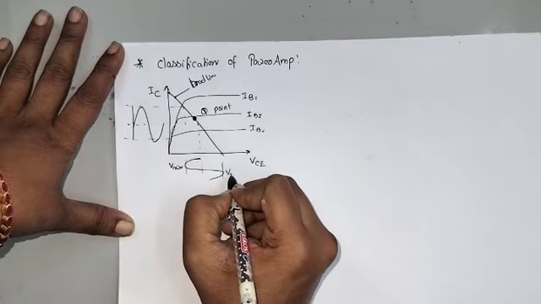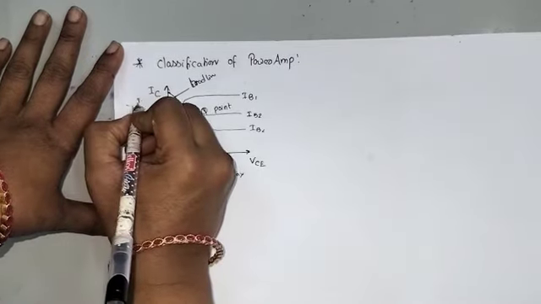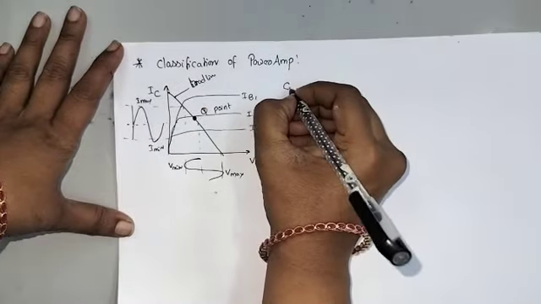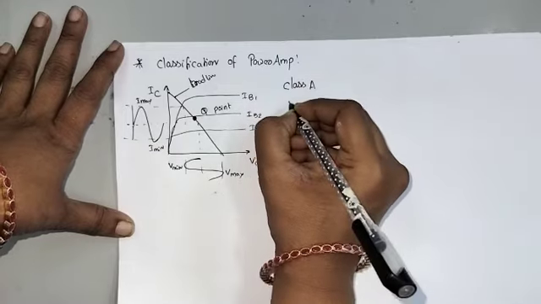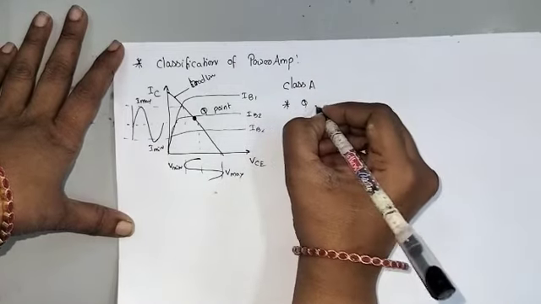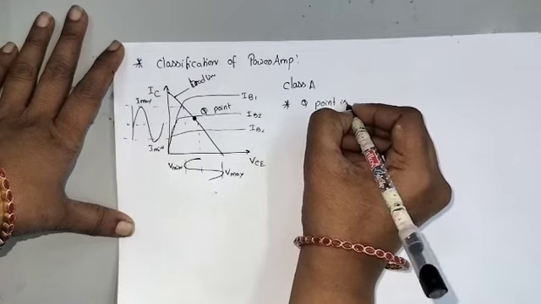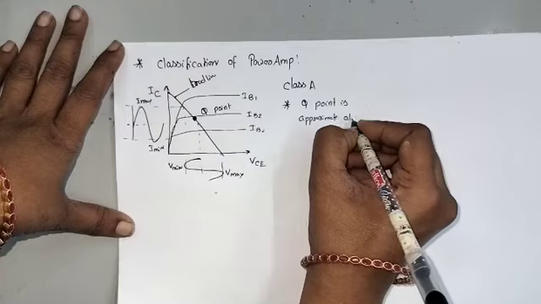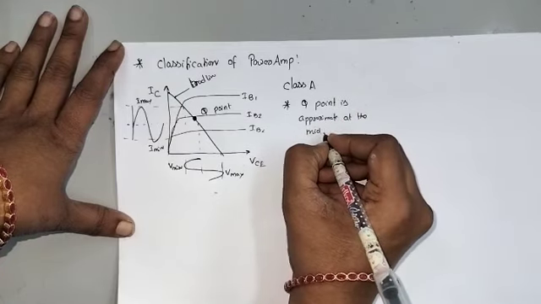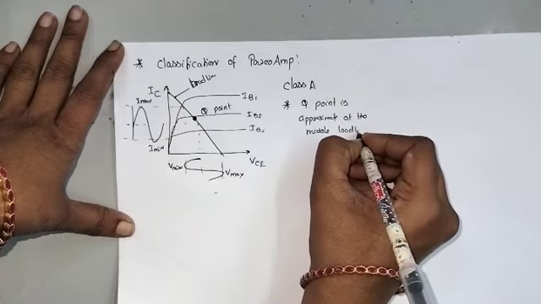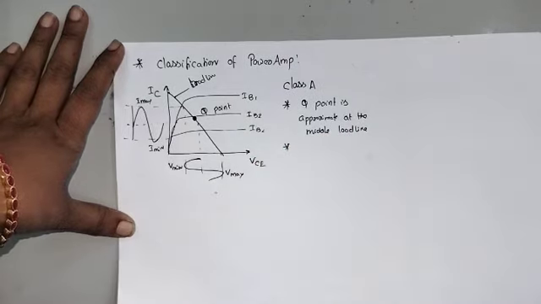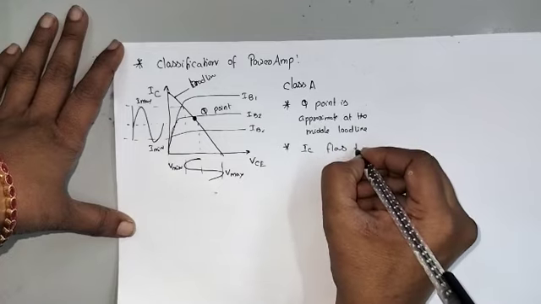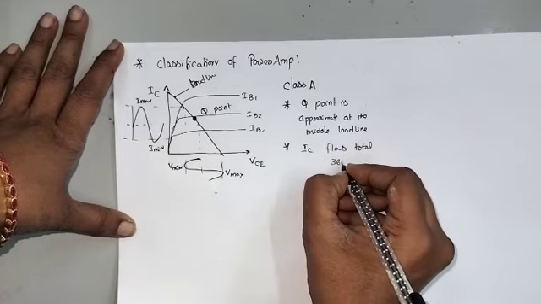Vmin, Vmax, Imax, Imin. For class A, the first point is that the Q point is approximately at the middle of the load line. The second is that the collector current IC flows for the total 360 degrees.